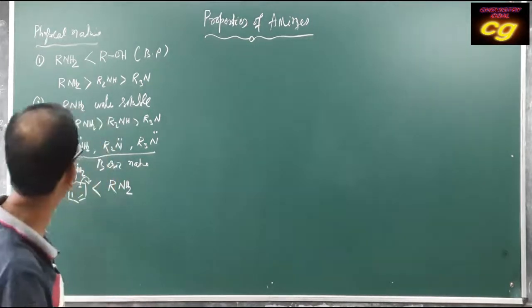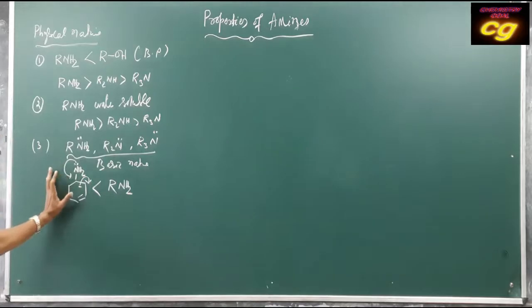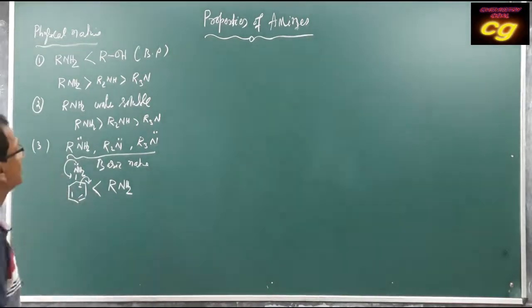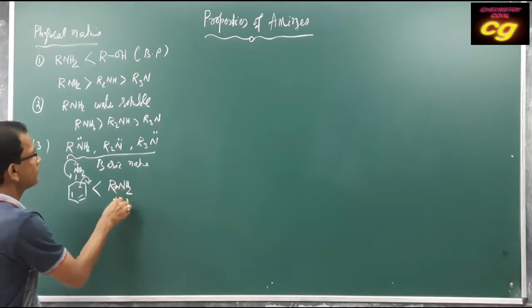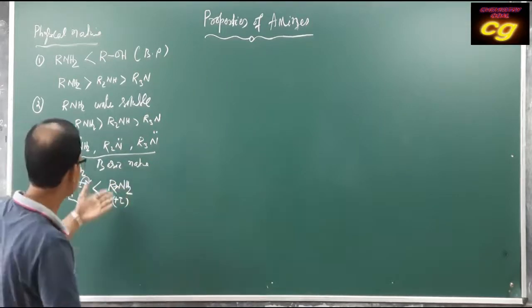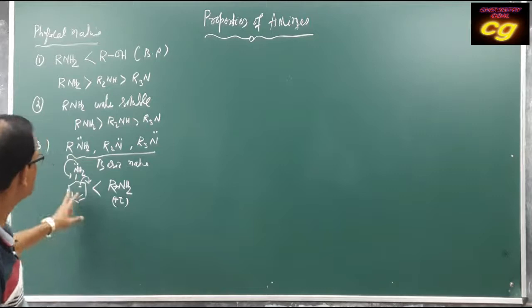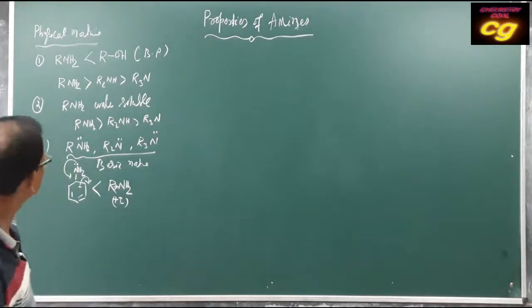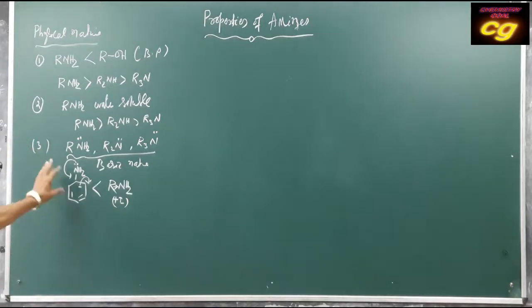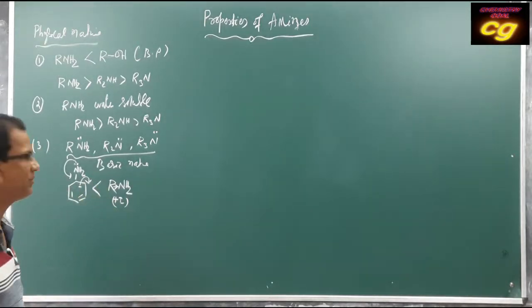That's why electron density decreases and it is less basic. But in the case of aliphatic amines, there is the cross effect, that's why they are more basic than aniline. First point, it has resonance. Due to resonance, electron density decreases, so the availability of the lone pair on nitrogen decreases. That's why it is less basic than the amines.